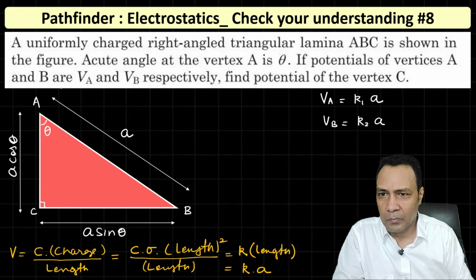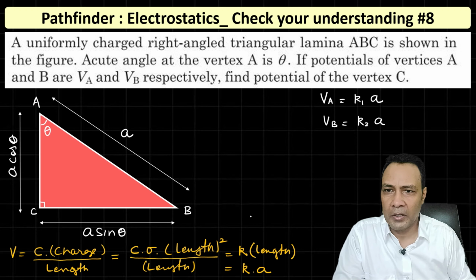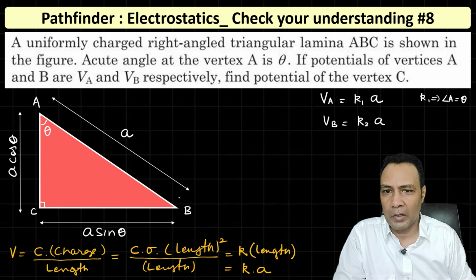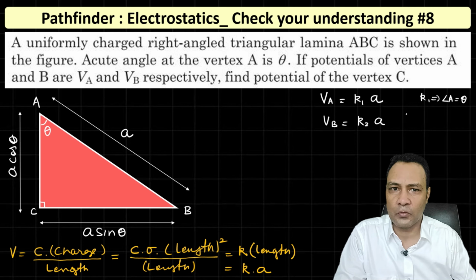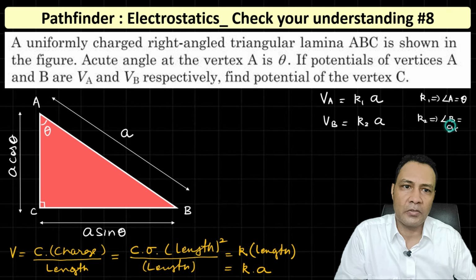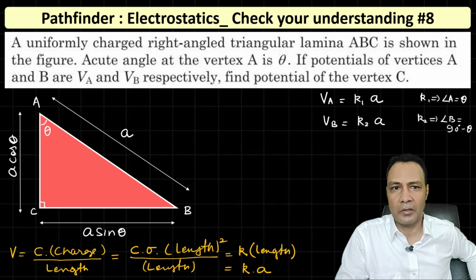When I am talking about potential at A, the constant is K1, when the angle at A is theta, and for potential at B the constant is K2. So I am using constant K2 when the angle at that vertex is 90 minus theta. I'll use that later also.